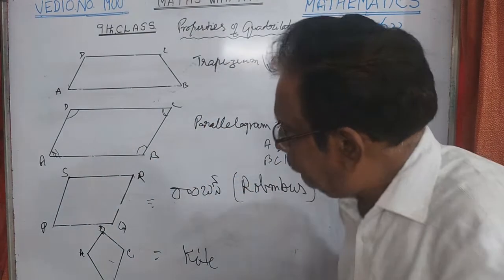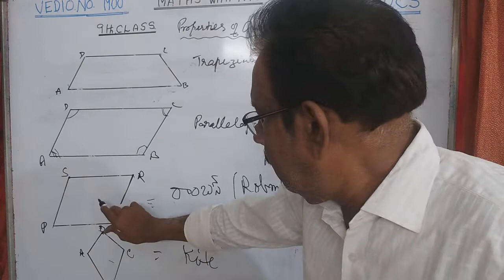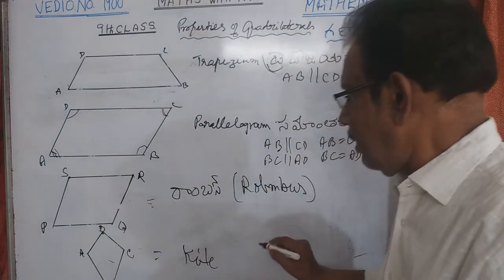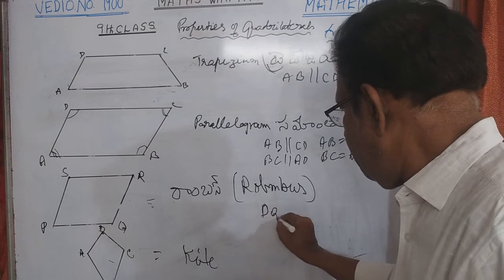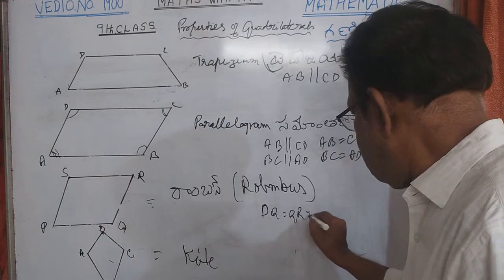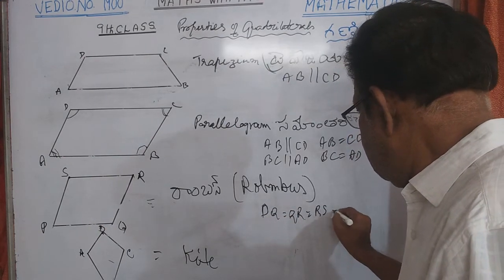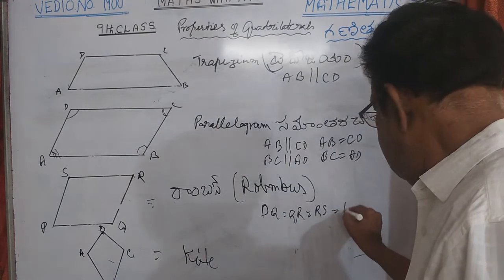Now look here. All the sides are equal. The lengths of all the sides are equal: PQ is equal to QR is equal to RS is equal to PS.